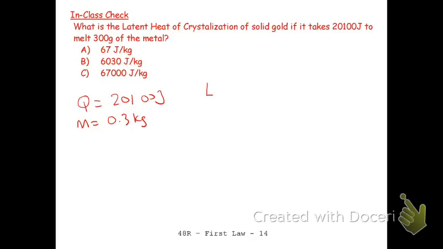My L is equal to Q over M, which equals 20100 over 0.3, which equals, can I do this? Let's just do it. 20100 divided by 0.3 is equal to 67000, and it will be joules per kilogram. So simple as that.